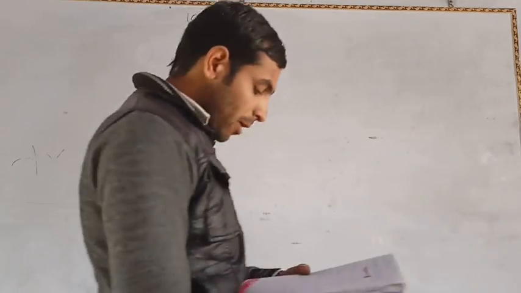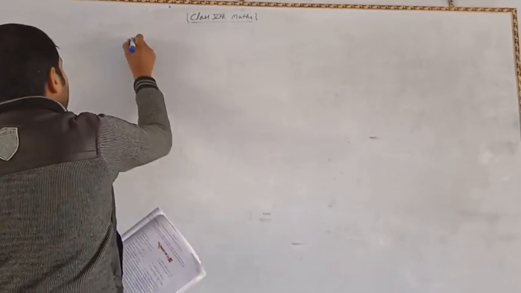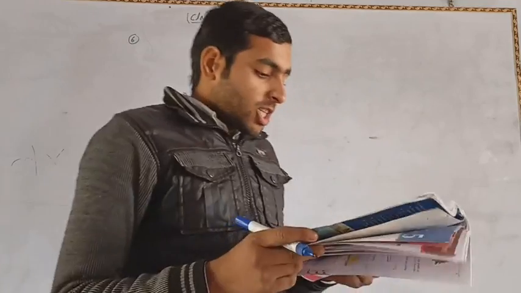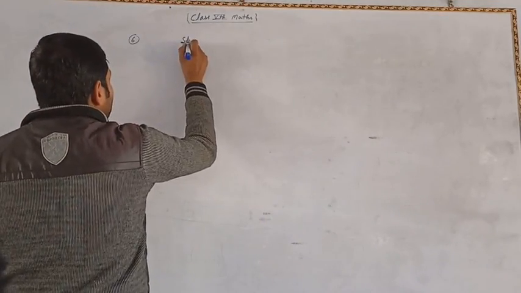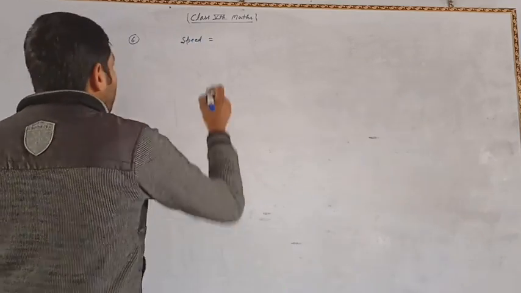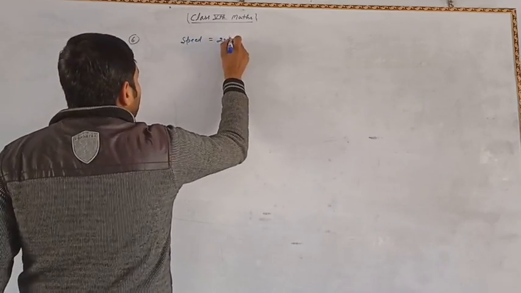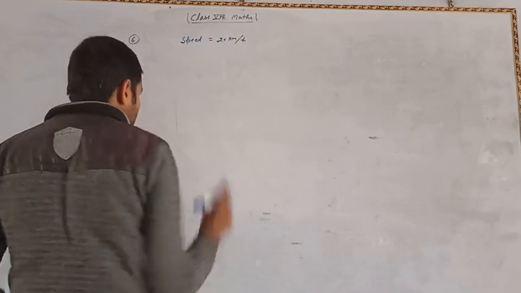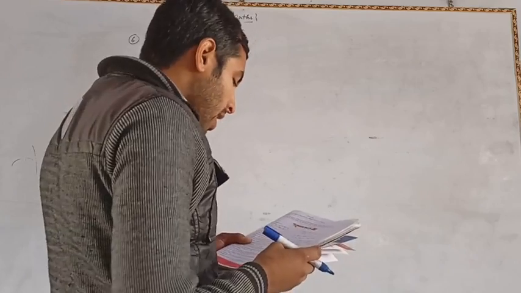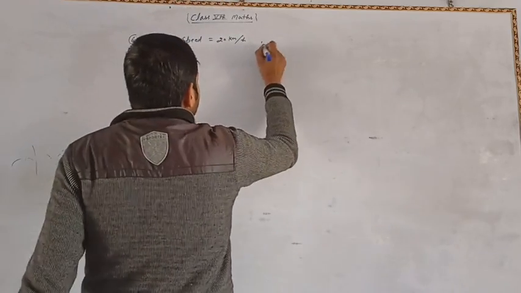Here we have problem number 6. In problem number 6 it is given that if Ankit runs at a speed of 20 km per hour, so speed is equal to 20 km per hour, how much time will he take to run a race of 700 meter?